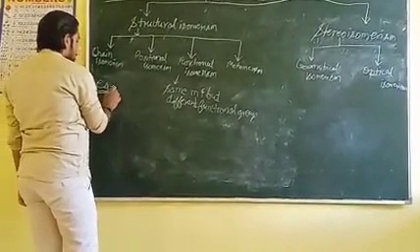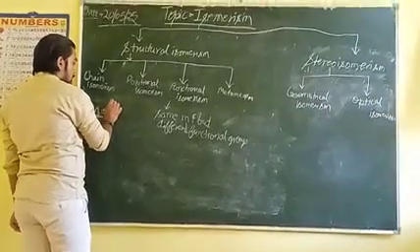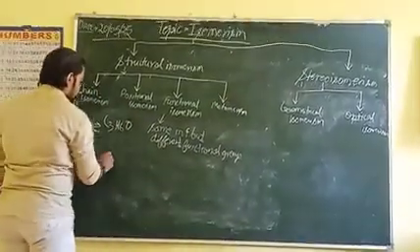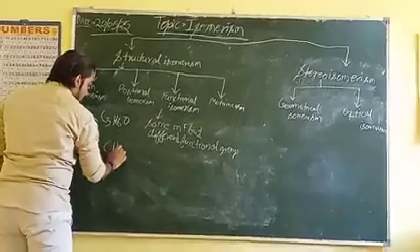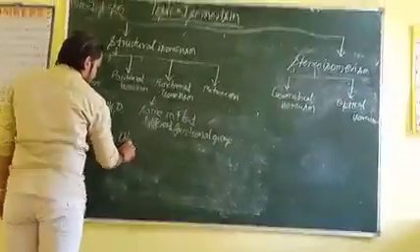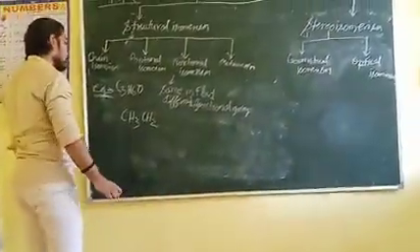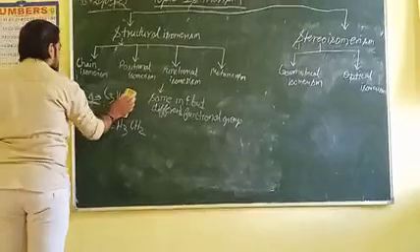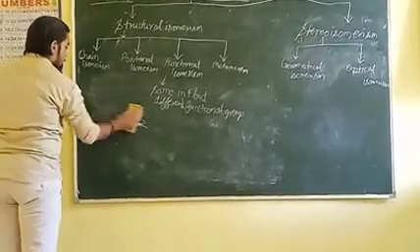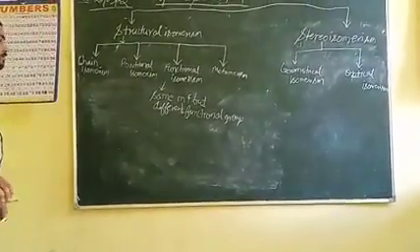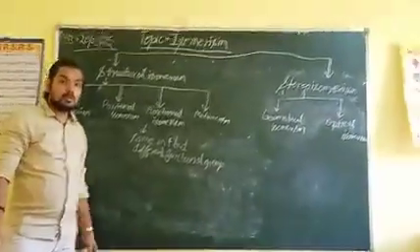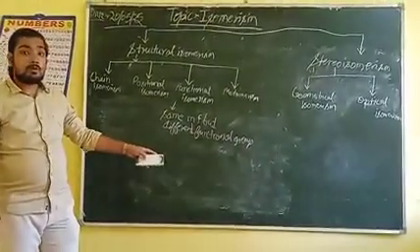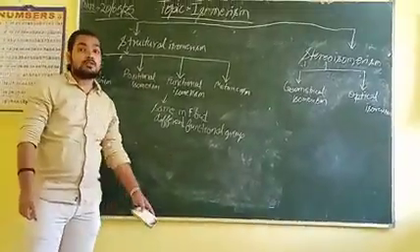An example of functional isomerism is C3H6O. First, let us know what a functional group is. A functional group is what gives the chemical properties to a compound. It is known as a functional group.